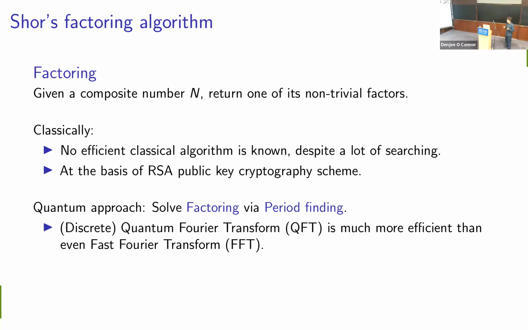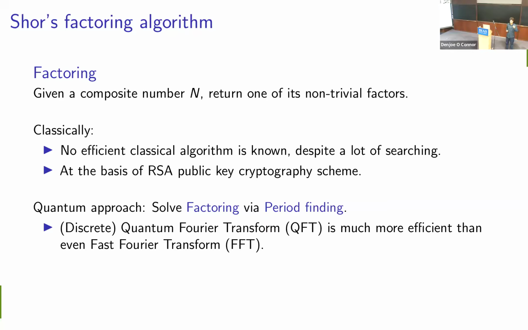One of the early examples of a quantum algorithm that is really better than any known classical algorithm is Peter Shor's algorithm for factoring on a quantum computer. This algorithm is interesting because it doesn't actually solve factoring directly. Instead, there's a lot of mathematical work in the background that turns the factoring problem into a problem of period finding.